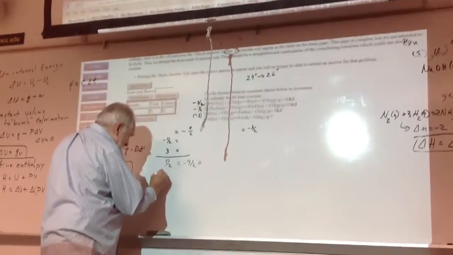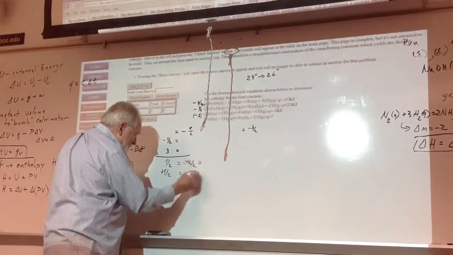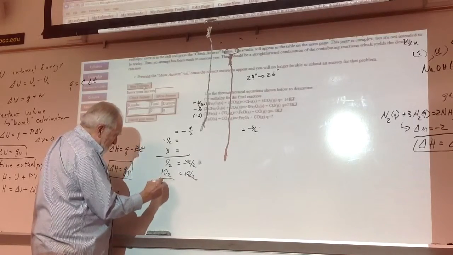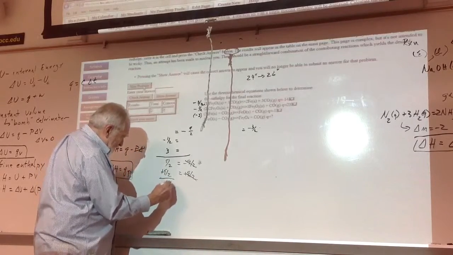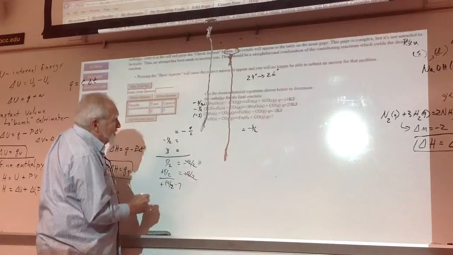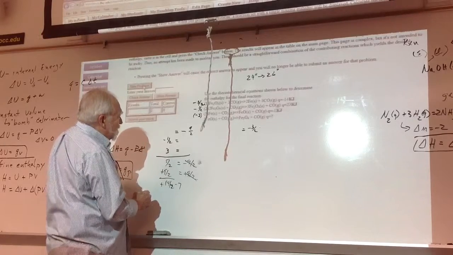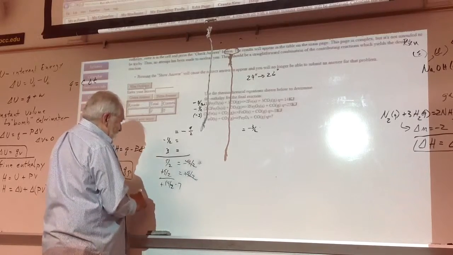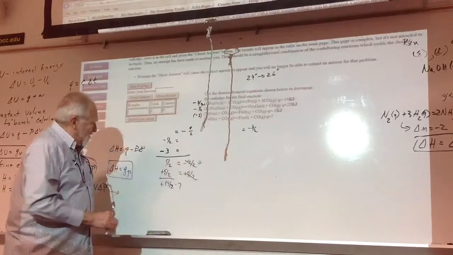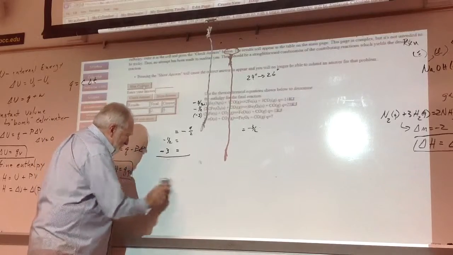Now, plus 14 halves. 7. I messed up somewhere. Maybe I got the wrong multipliers. Oh, this is minus 3. Minus 3 CO2. Now I'm okay. Because what am I going to get now?